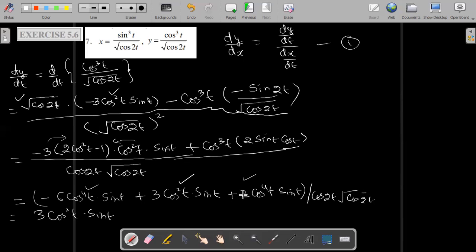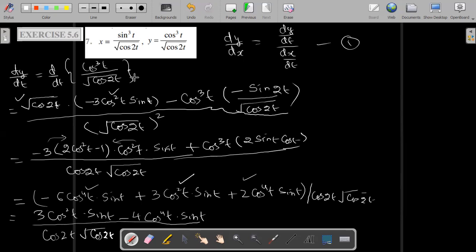So minus 6 plus 2 will become minus 4. So that will become minus 4 cos raised to power 4t into sin t, and the whole divided by cos 2t under root cos 2t. Okay, so this is only dy by dt.